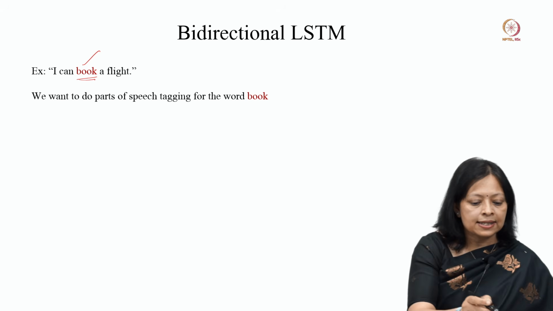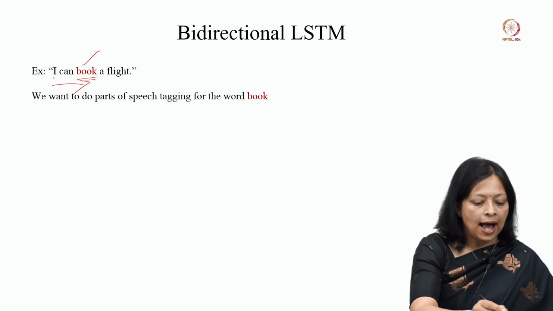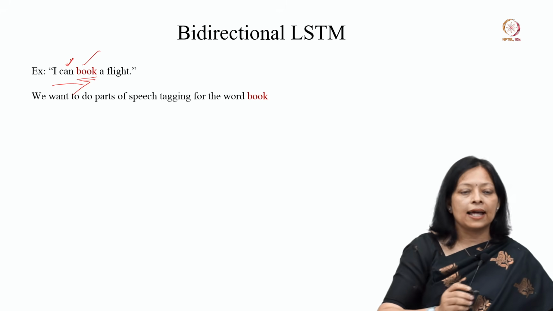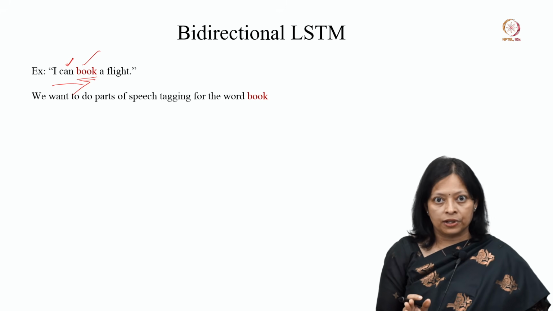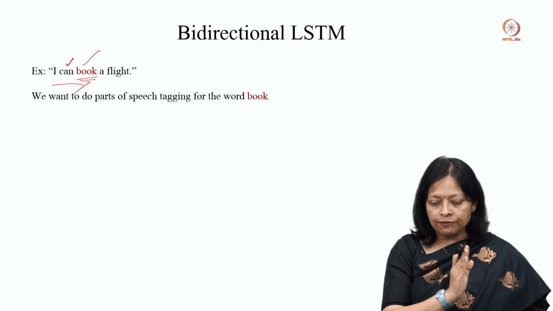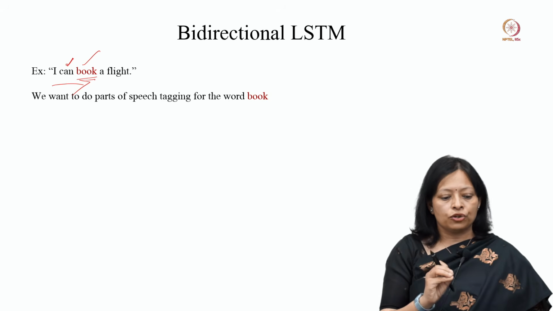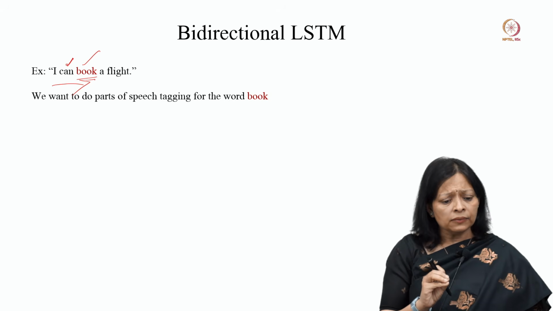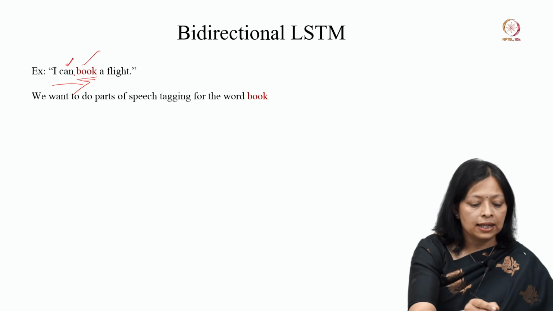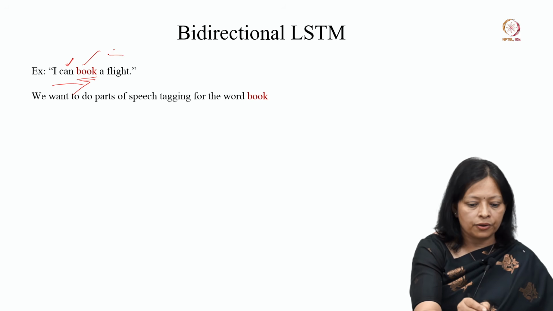Now, if I scan the sequential data from left to right, I see I can book a flight. So this tells it can be a verb, but there is no confirmation. If I look only from left to right, I do not get the full information about the term book. So instead of looking only from left to right, we will scan from left to right as well as from right to left.